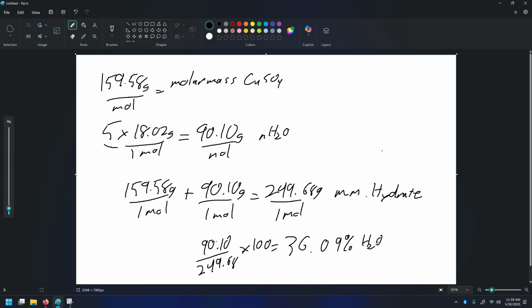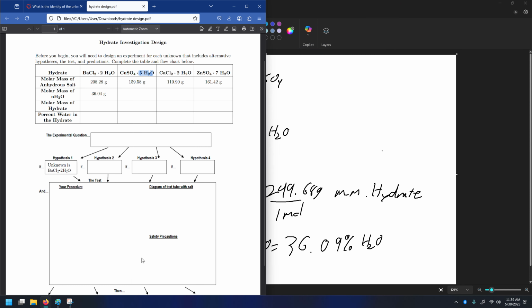The way we're going to use these values during our lab this week is we're going to fill in all the percent waters. And our experimental question is something like, how can you figure out which of these hydrates it is?